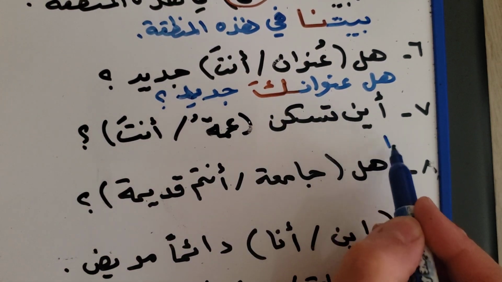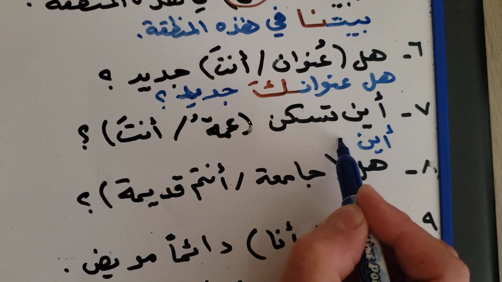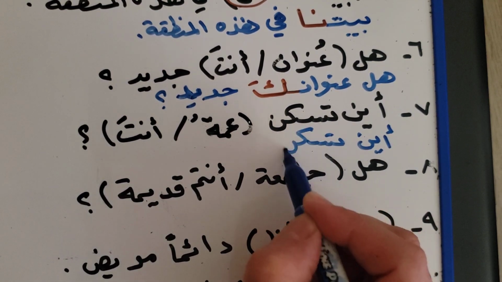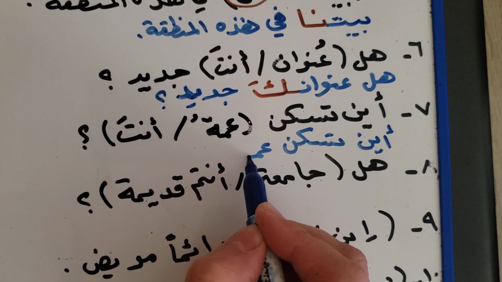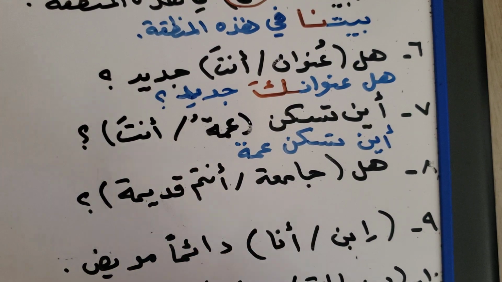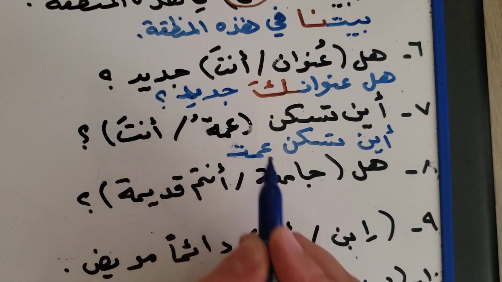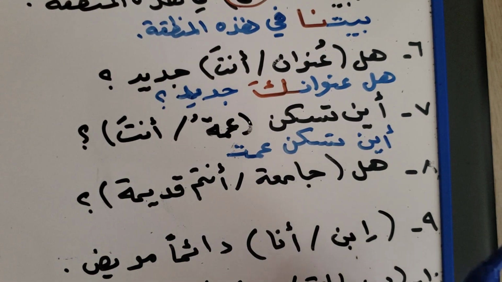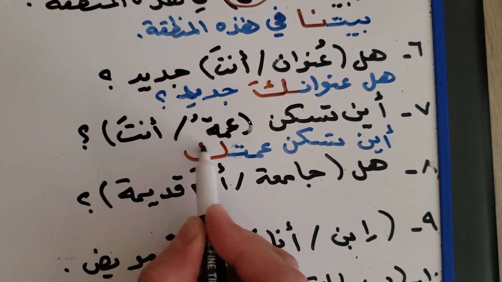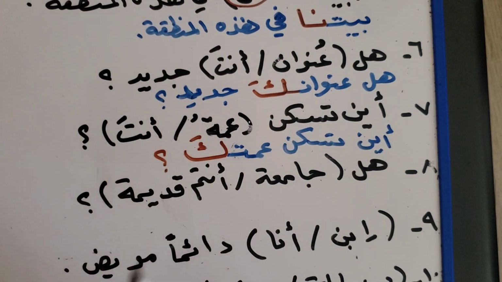So أين تسكن عمة, again, this is a تاء مربوطة. We will switch it for a تاء مفتوحة because we will attach to it the suffix pronoun ك. إذن أين تسكن عمتك? Where does your aunt live?